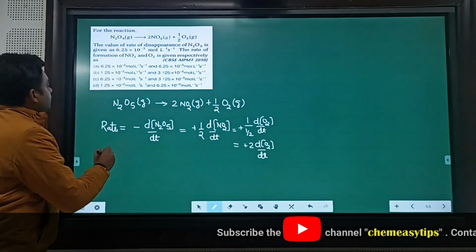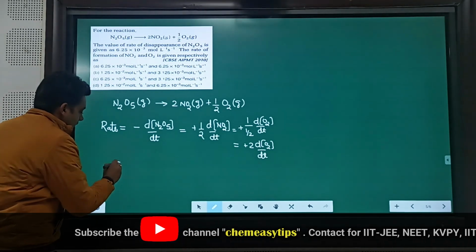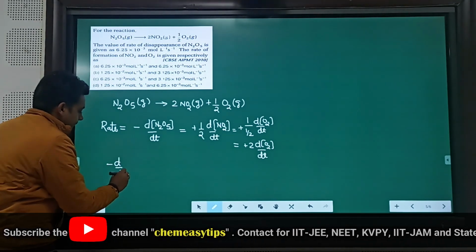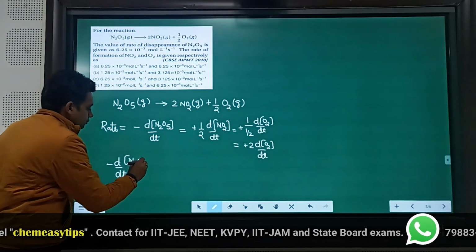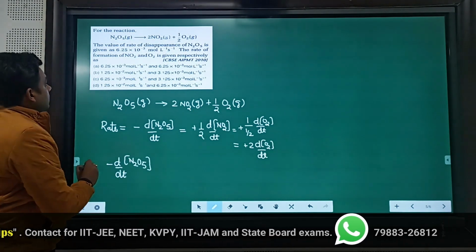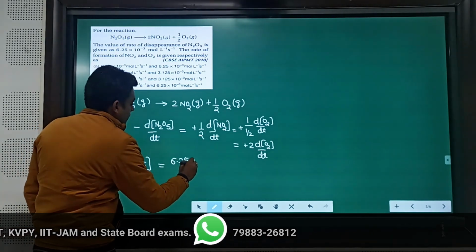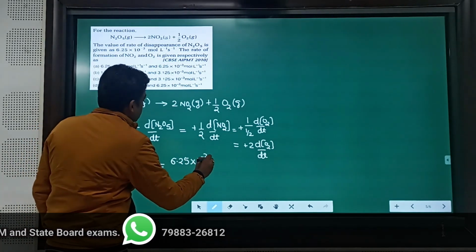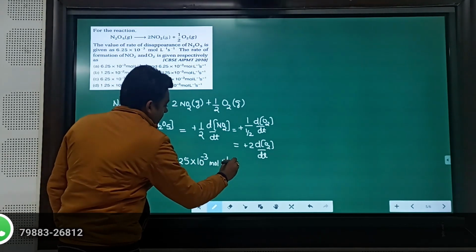Now the given value is the rate of disappearance, meaning minus d/dt of N2O5, which is given as 6.25 into 10 raised to power minus 3 mole per liter per second.